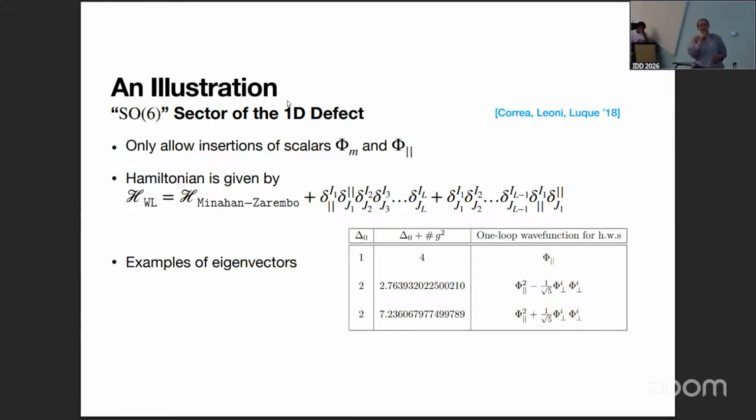It is not known for all subsectors, only for one of the subsectors. But for us, you can get the one-loop states, so you can get dimensions and also the wave functions. And they will look like this. It will be some combinations of the operator insertions and so on.